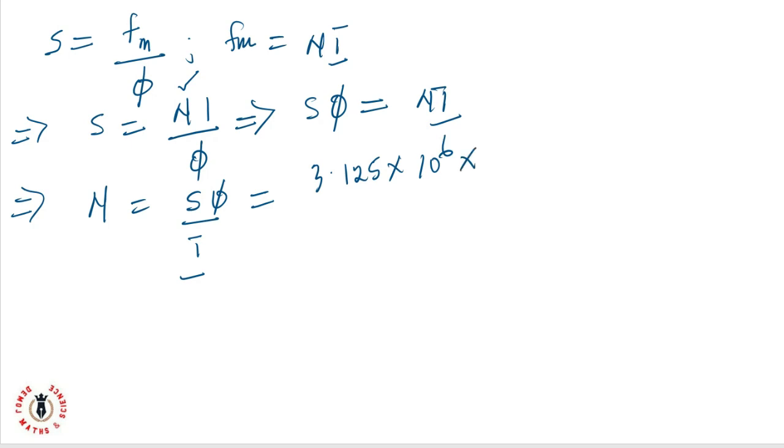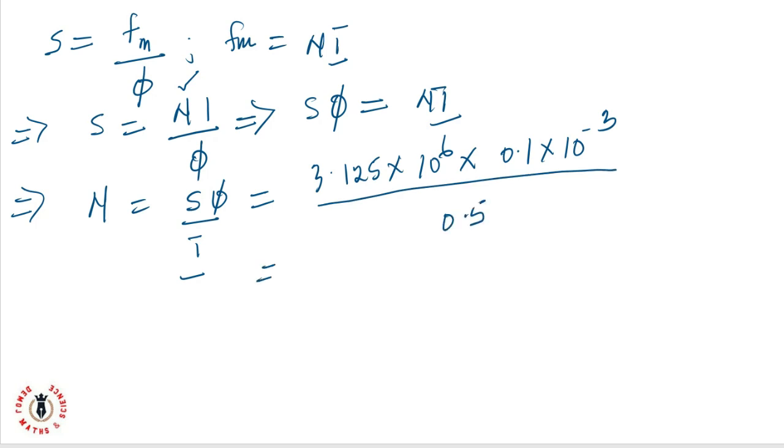We're given the magnetic flux to be 0.1 times 10 raised to the power minus 3, divided by 0.5.